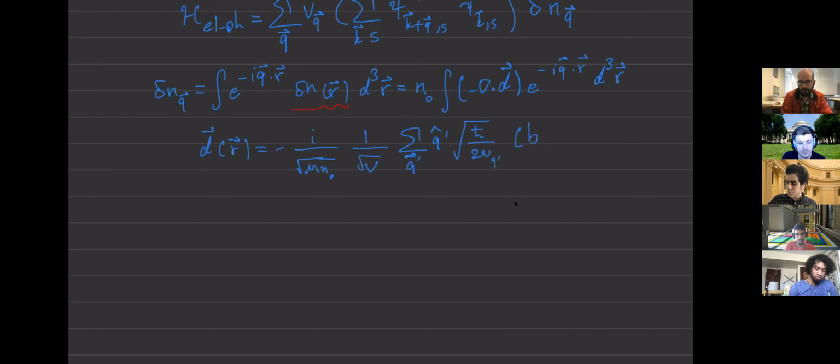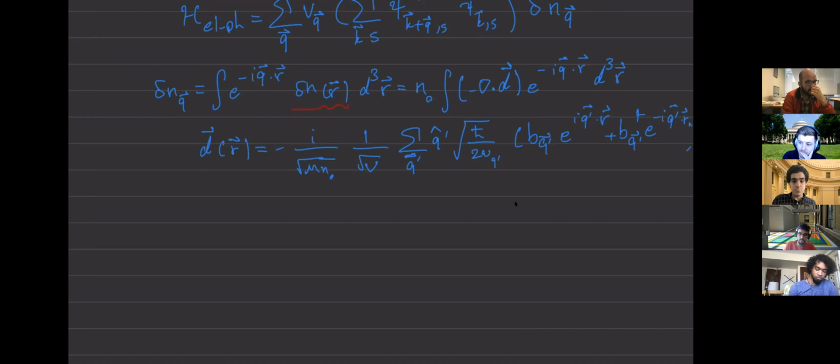And so there are annihilation and creation terms. This means that your background charge density will be affected when you create or annihilate a phonon.